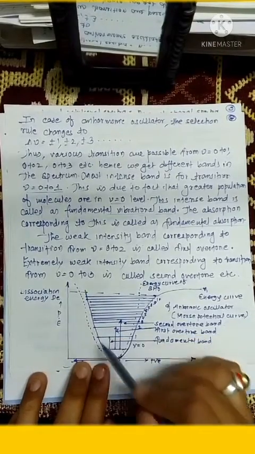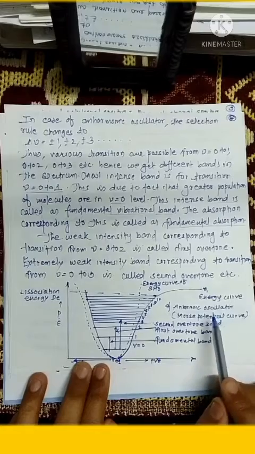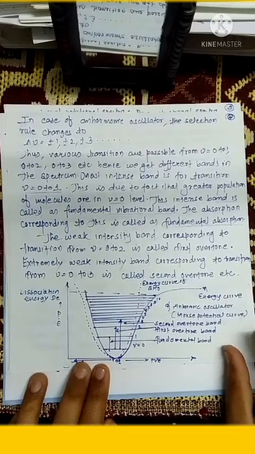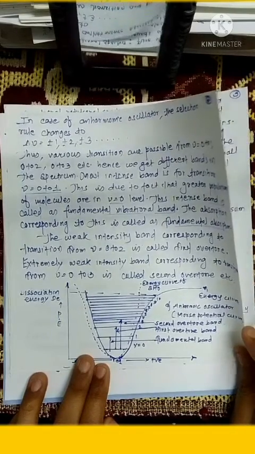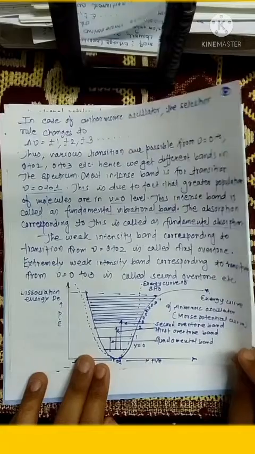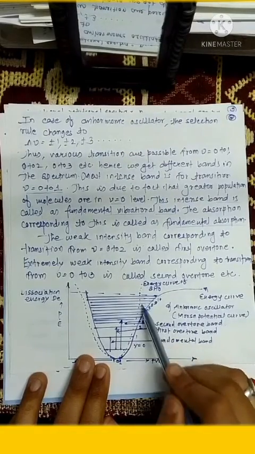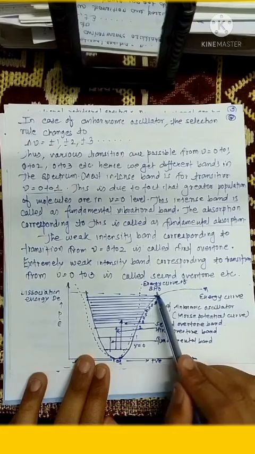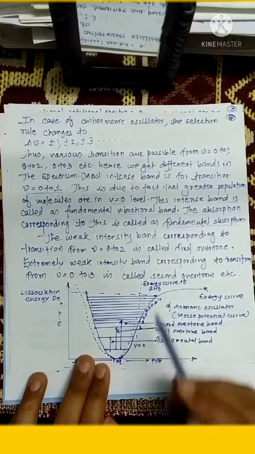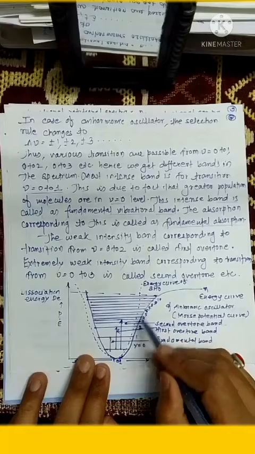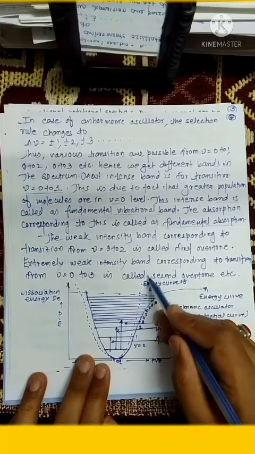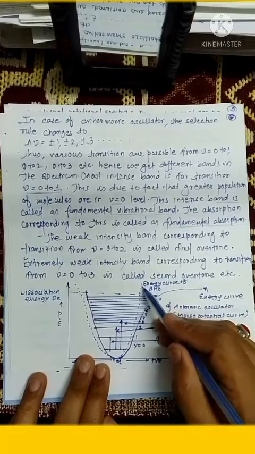So this is the diagram given for anharmonic oscillator. And the dotted curve is the energy curve for simple harmonic oscillator. So just see that in simple harmonic oscillator, this line goes up.